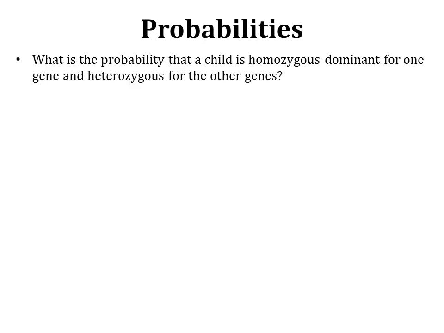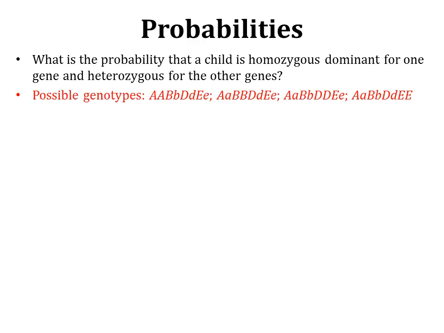Now the third question is, what is the probability that a child is homozygous dominant for one gene and heterozygous for the other genes? Possible genotypes are many, right? How many possible genotypes are there? There are 4 possible genotypes. The first genotype is one in which the A allele is homozygous dominant and the B, D, and E alleles are heterozygous.